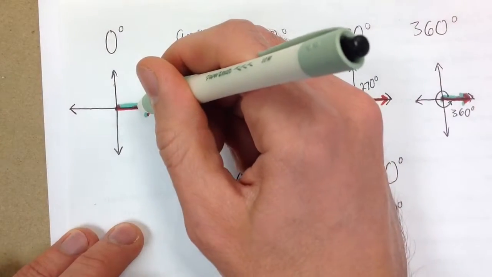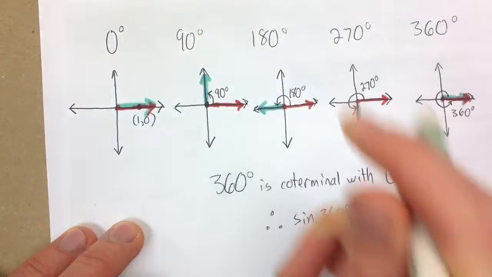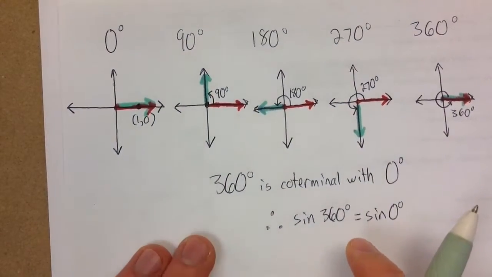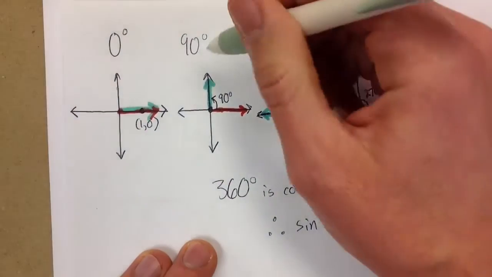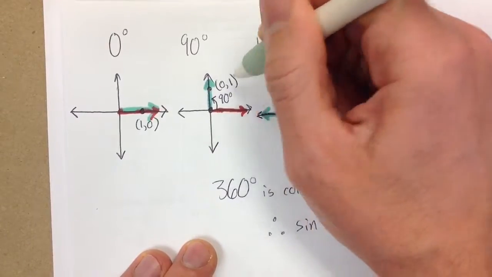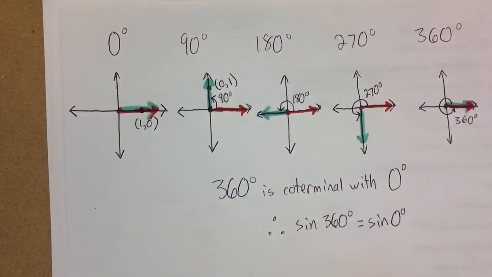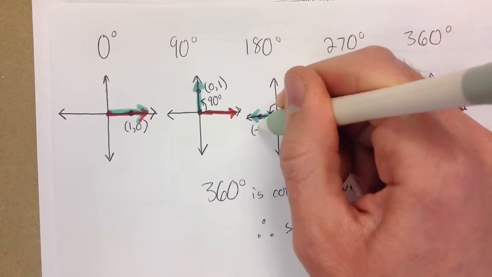I like that answer. And a point on the terminal side for 90 degrees? 0, 1. Good. Just 0, comma anything. Dan, 180. Negative 1, 0. Good.